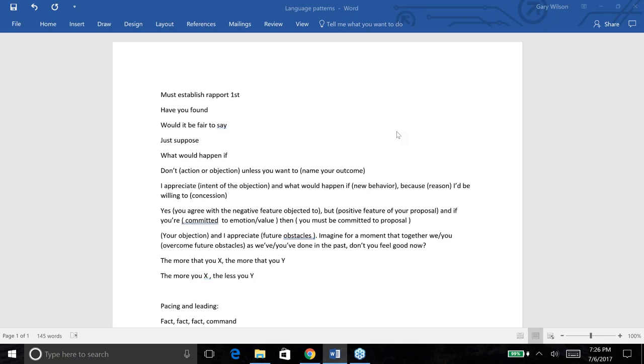Let's get back here. So far, we went over the first language pattern, which is, have you found. So show of hands, or if you could type in a quick hand raise, just say, yes, Gary, I understand the have you found pattern. And what I would like you to do is write down an example. You don't have to do it right now, okay, but write down an example of a pattern you can use relative to real estate.